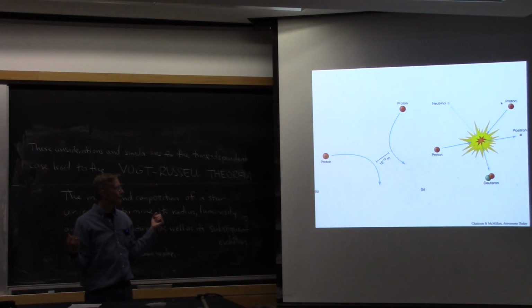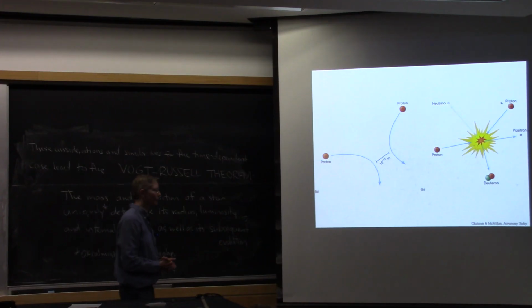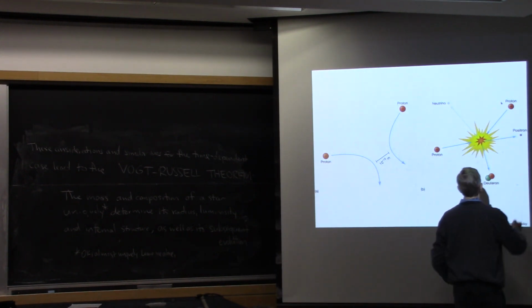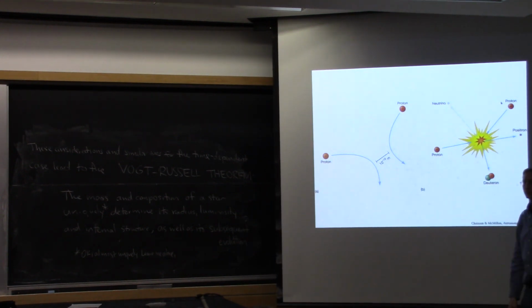And so if they're not moving fast enough, they will veer off course before they can collide and stick, so to speak. And so at low temperatures, they don't collide and stick, they don't fuse with one another, but at high enough temperatures, you can get the first step of the so-called proton-proton chain that generates most of the sun's energy, where a proton can collide with another proton and stick, so to speak.